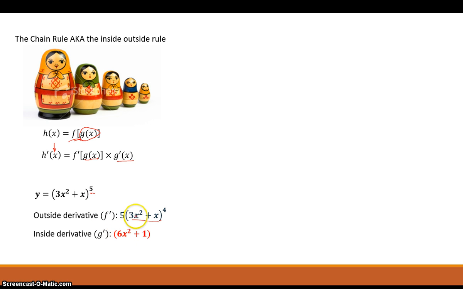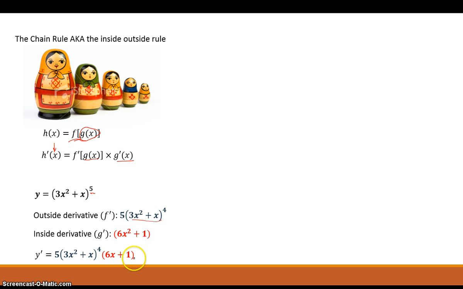So it's just the sum rule for derivatives: the sum of the derivatives is equal to the derivative of the sum. So 6x plus 1. And take the product of those two terms, and you end up with y prime, which is just 5 times the quantity of 3x squared plus x raised to the fourth power times the quantity of 6x plus 1. And that's it. That's the chain rule.